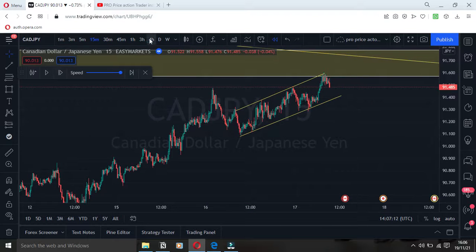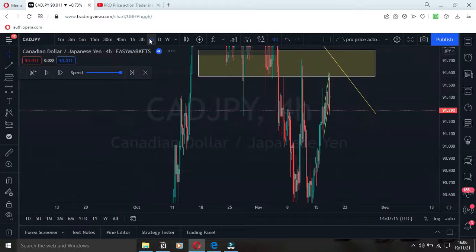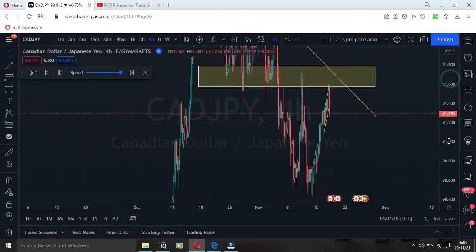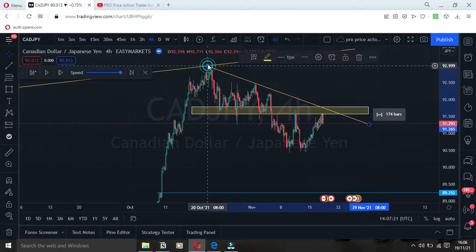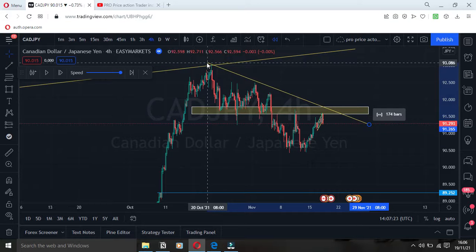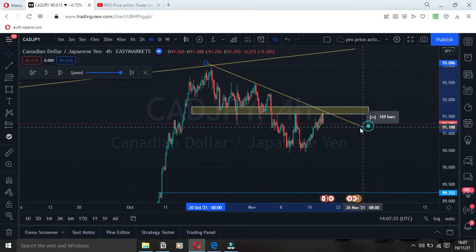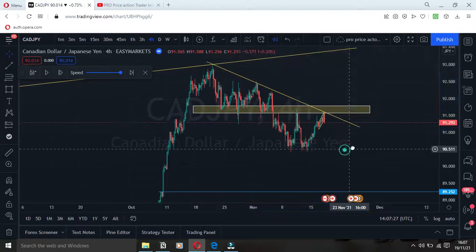Let's move to a lower time frame for the last time. We said we are anticipating the market to move to the, let's see what is happening now. Let's see if the market is still coinciding with this resistance.